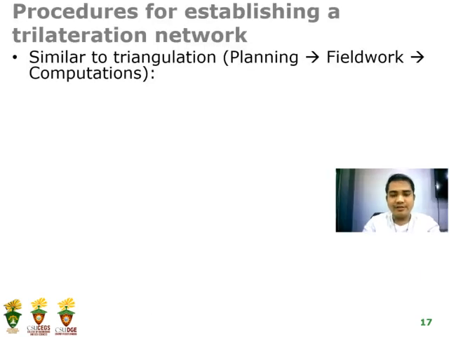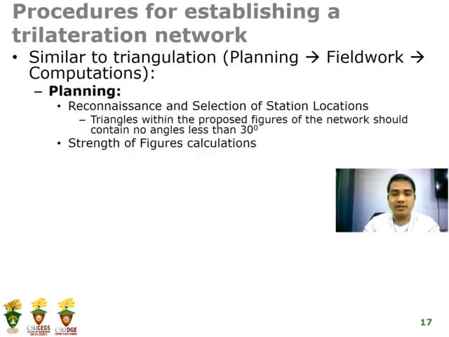For the procedures for establishing a trilateration network, so ang iyang process is similar lang sa triangulation. First is ang planning, next is fieldwork, and lastly is ang computations. For planning, it involves the activities of reconnaissance and selection of station locations. So, dapat ang i-consideran is ang triangles within the proposed figures of a network should contain no angles less than 30 degrees.